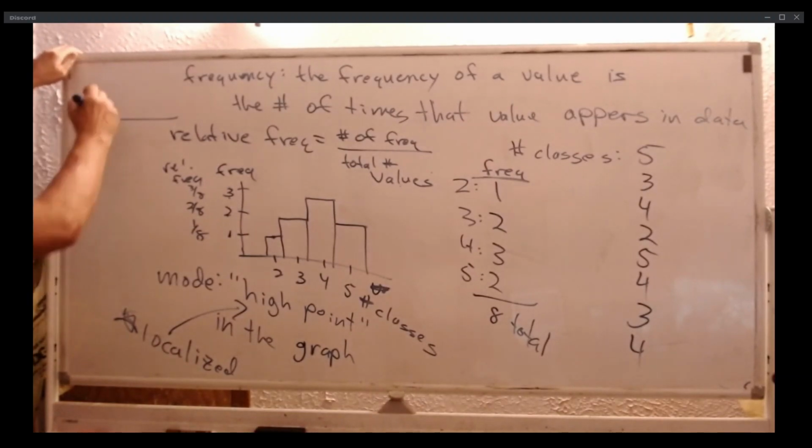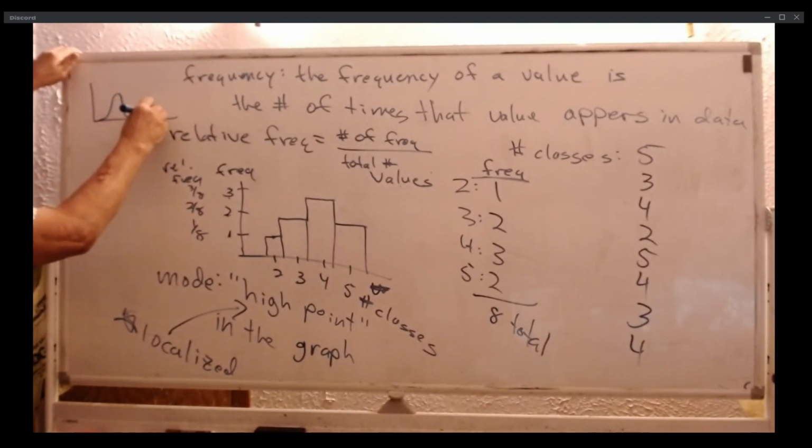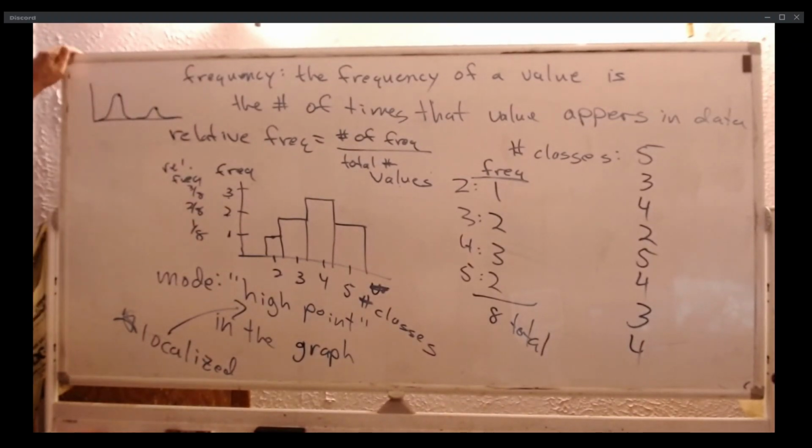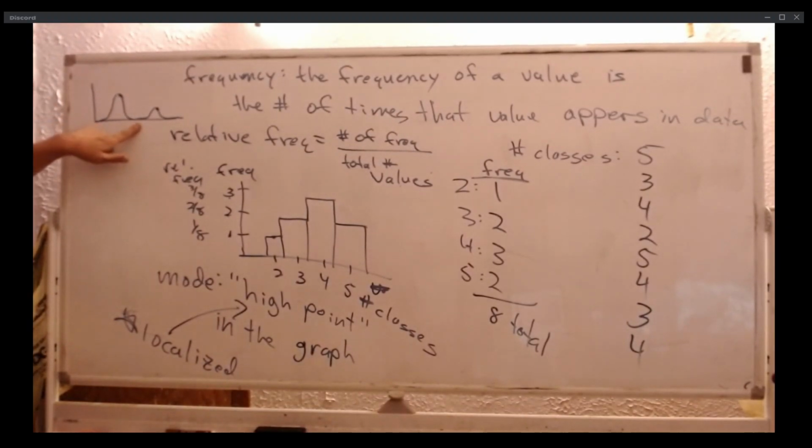It's a local max. So if we have data that looks something like this, we have 2 modes. Okay, it's a local maximum. By the way, this type of curve, there's actually a lot of situations that this shape might apply to.